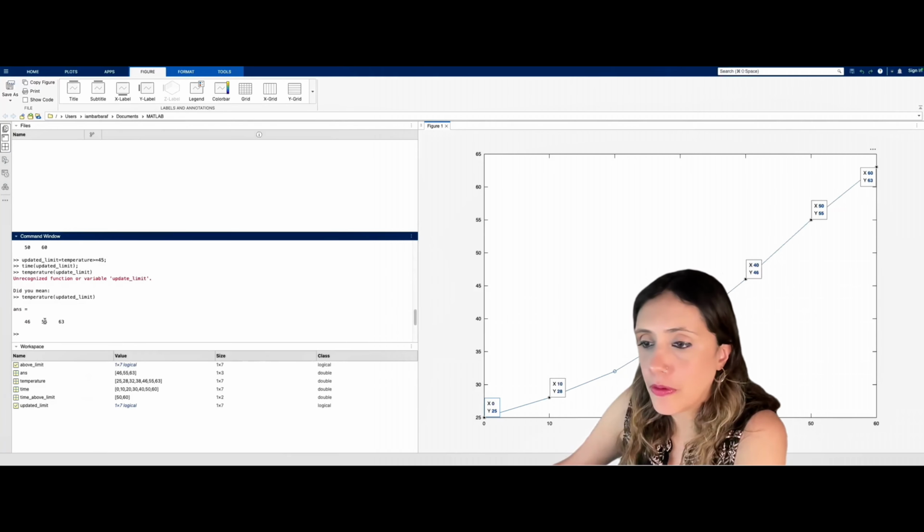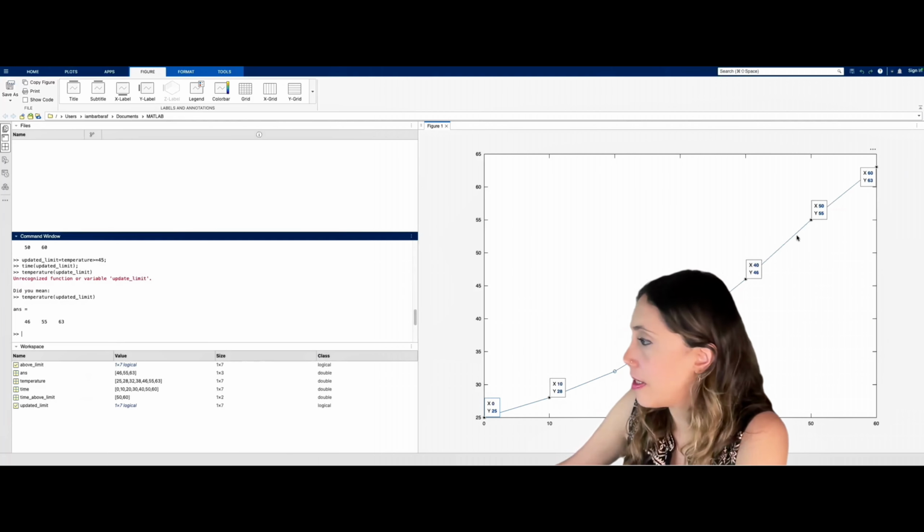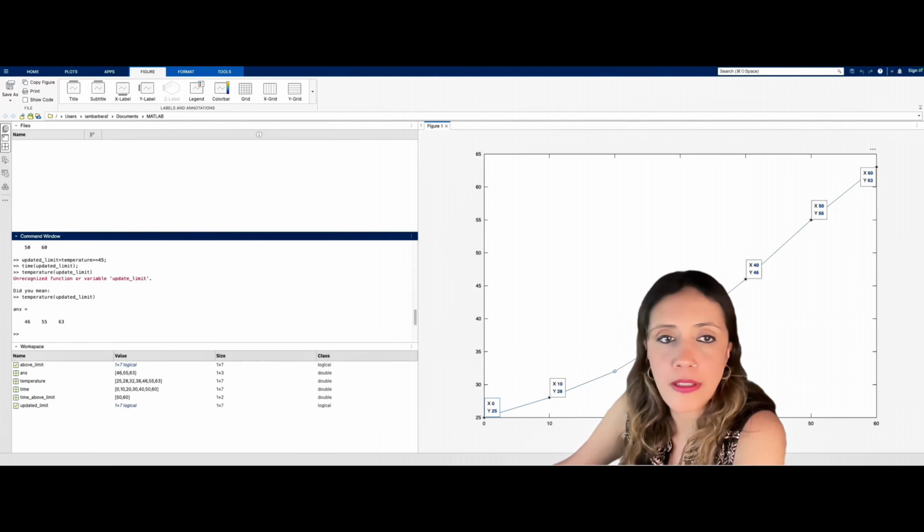So here we have, look what we have, 46, 55, 63. It recognizes the data points.